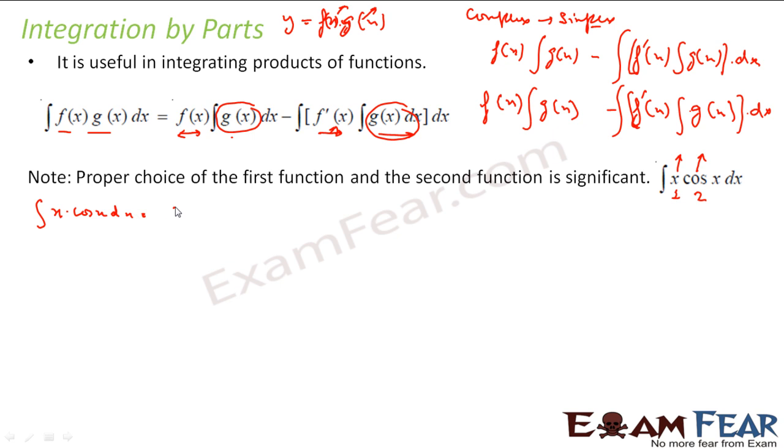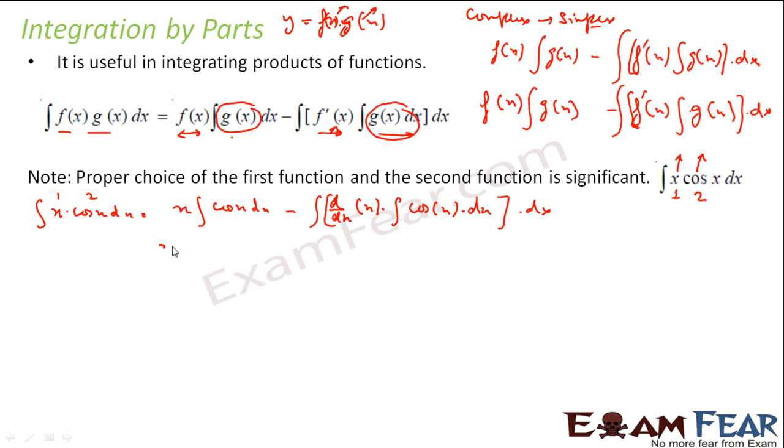This will be x times the integration of cos x dx, minus the derivative of first into integration of second, and the whole thing again integrated. That is x sin x minus the derivative of x, which is 1, into sin x, whole thing integrated.